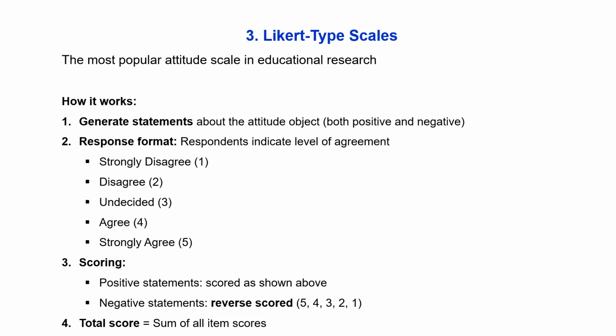I already explained what negative statements and positive statements are, so I'm not going to explain it again. The response format of the scale indicates the level of agreement, agreement and disagreement.